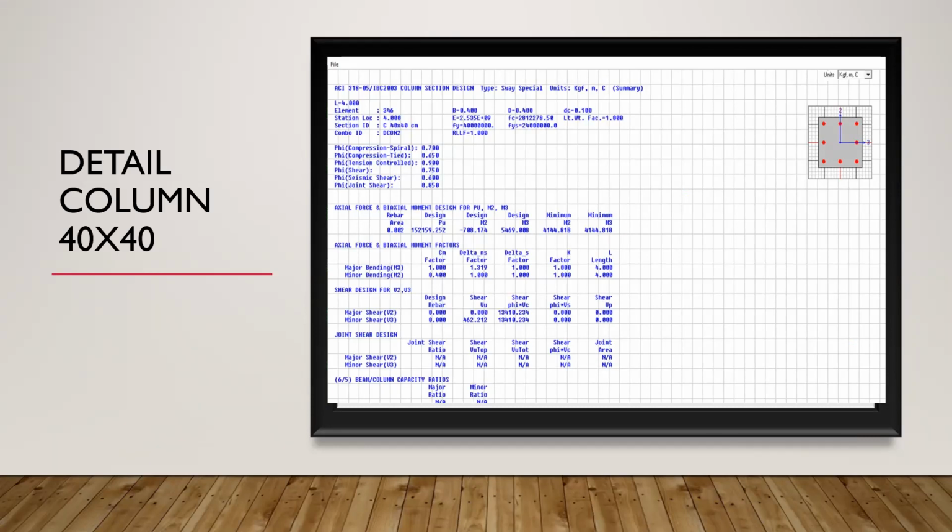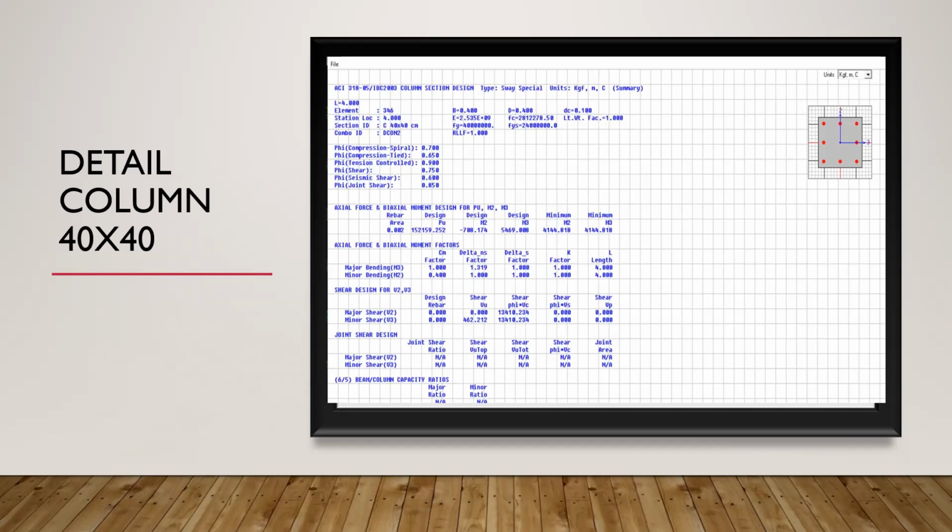So next is the detail of our column and beam. Firstly, we used the same size of column for all of our building, but we found there is a problem because the column at the middle has a very high ratio between the reinforcing steel and the concrete.